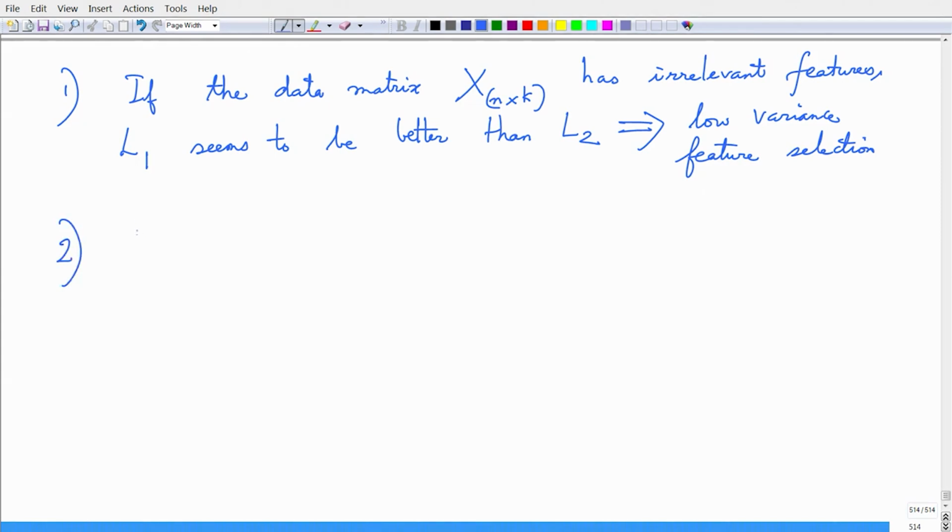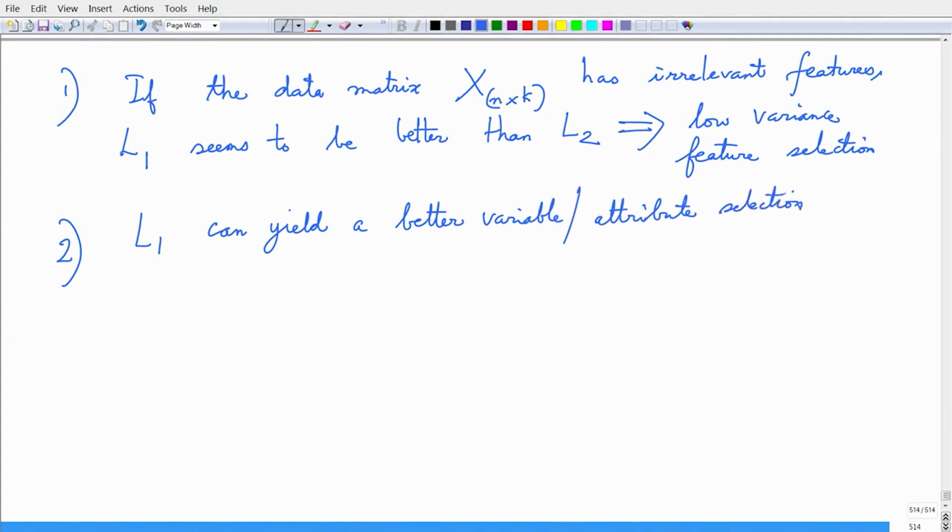Second, L1 can yield a better variable or attribute selection because it throws away the irrelevant features.